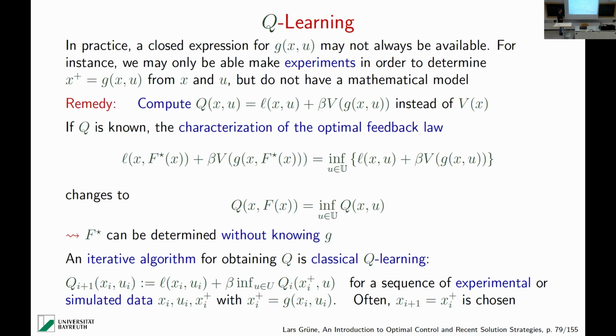But what you can now do is construct these values experimentally. So you have to, of course, make sure that you always get these triples where the last point is G of the first, but you don't need a formula. You can do this by running a simulation or running experiments.